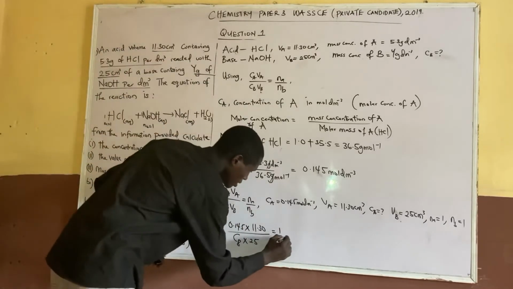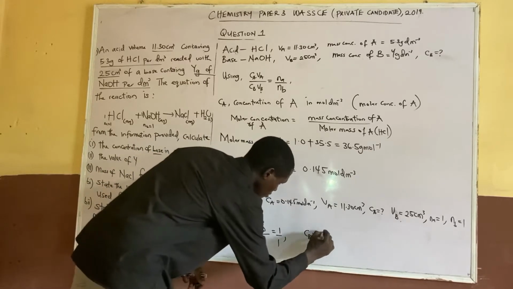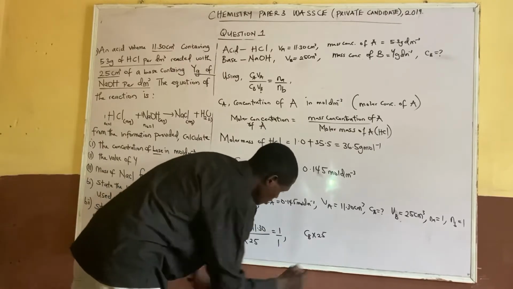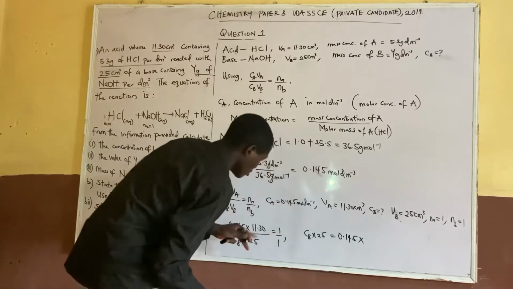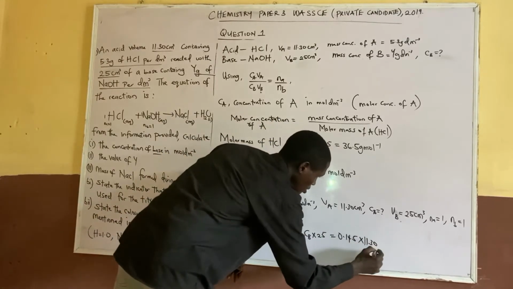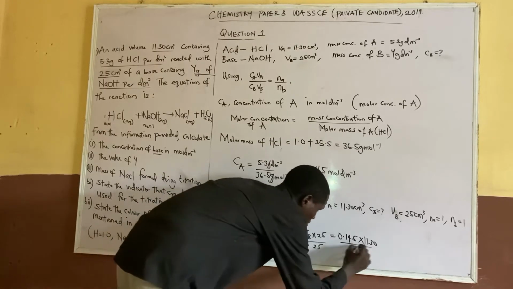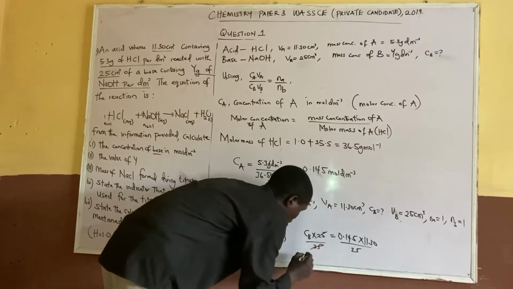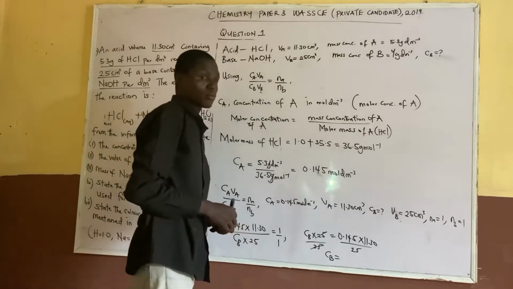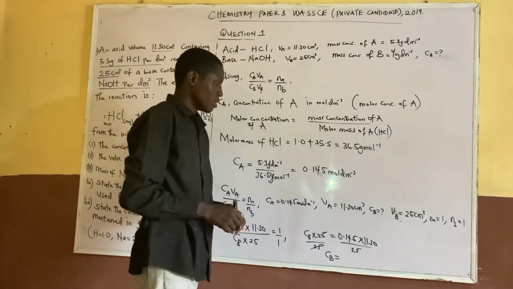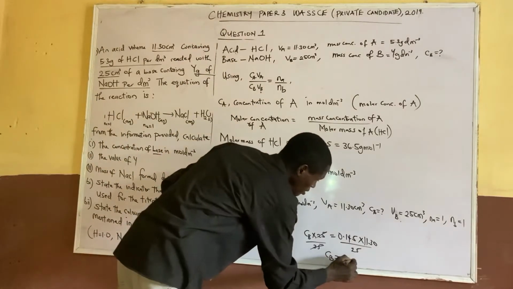So when you multiply this, we have CB times 25 times 1 equal to 0.145 times 11.30 times 1. So we divide both sides by 25, and CB is equal to 0.145 times 11.30 all over 25.